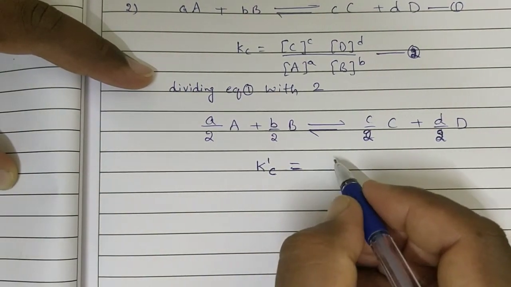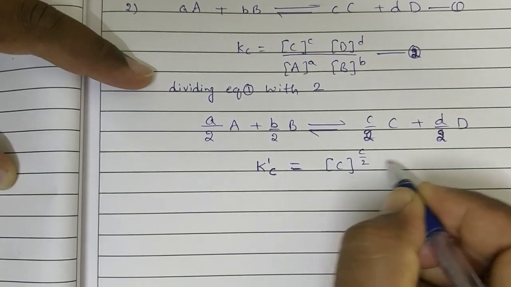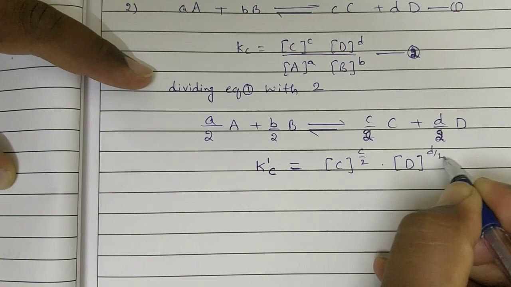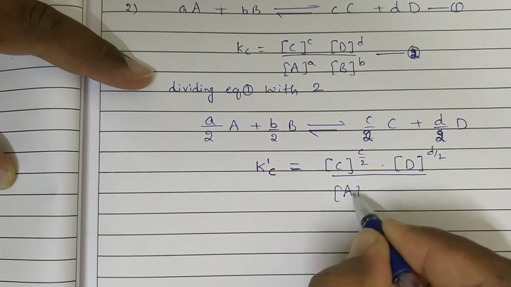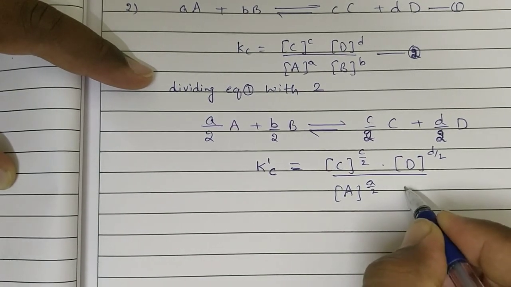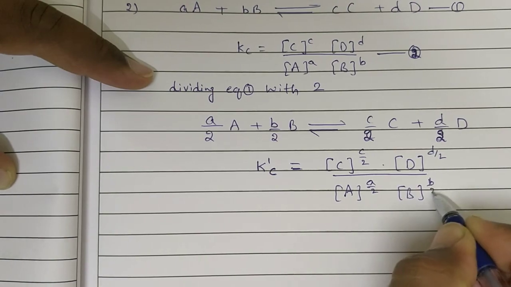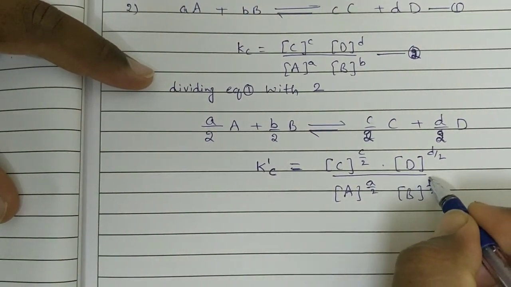Kc dash is equal to concentration of C power c by 2 into concentration of D power d by 2 divided by concentration of A power a by 2 into concentration of B power b by 2. Okay ma.